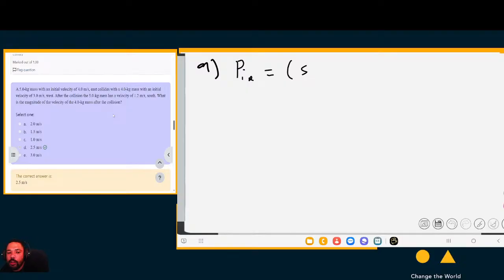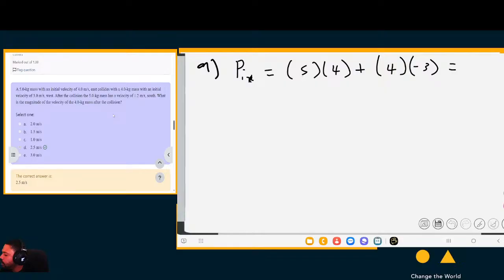So the initial momentum in the x direction is equal to 5 times, the 5 kilogram mass has a speed of 4 meters per second, plus we have that the 4 kilogram mass is traveling in the western direction, so its velocity is negative, 3 meters per second.